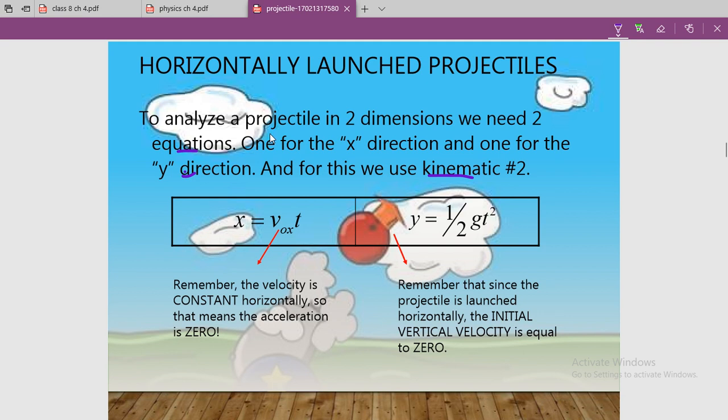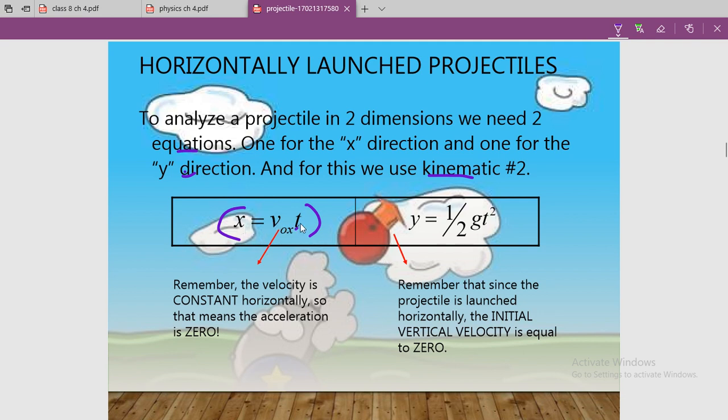So here you can see that x is equal to v naught x t. This one is along the x axis and the time interval.